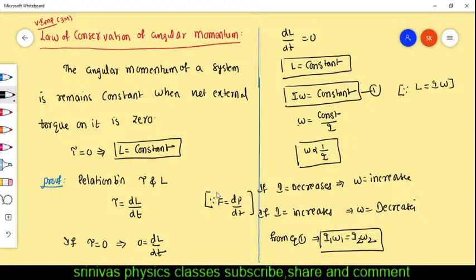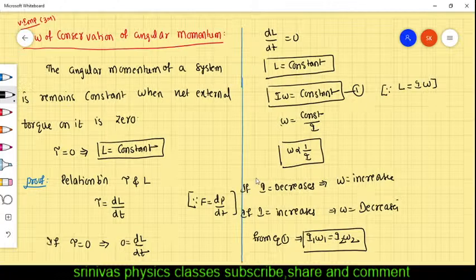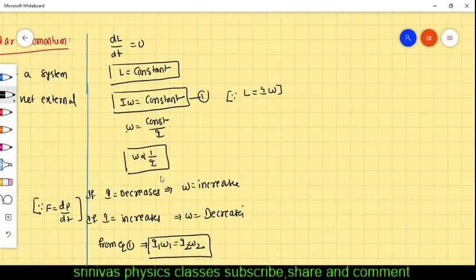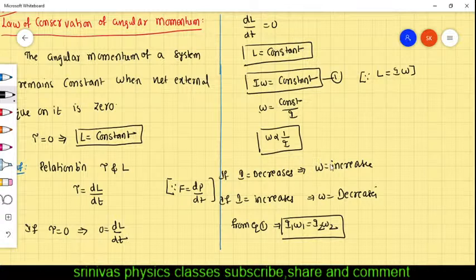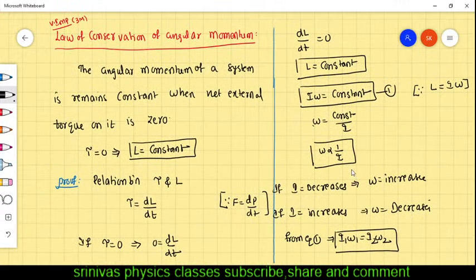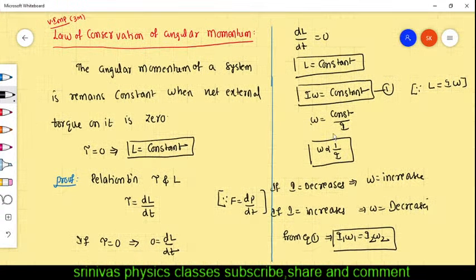Can anyone give the relation between the angular velocity and the time period? Students, write in the chat box. You take the screenshot. I am going to take this to the right side, left side.